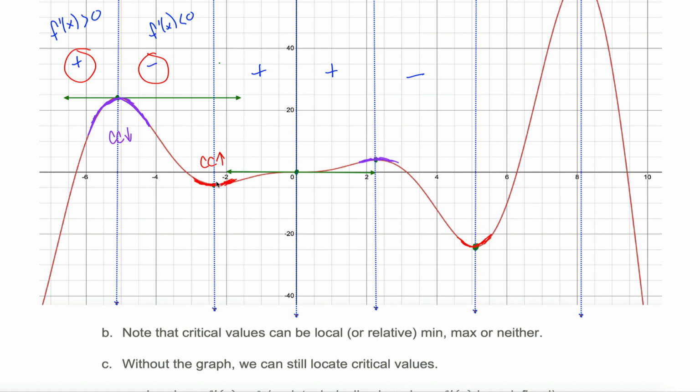Same logic works with a critical value where the graph is concave up. Instead of thinking about the function being concave up at this point, think about the derivative of the function increasing at this point, because the second derivative is just the derivative of the derivative. It's the change in the derivative. So you can think about it two different ways, either the shape of the function or the change in the derivative.